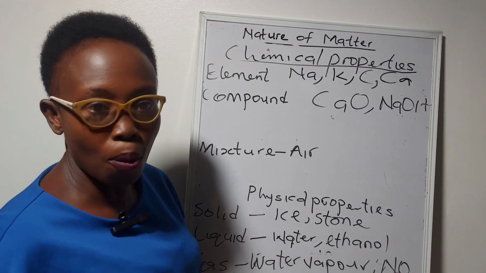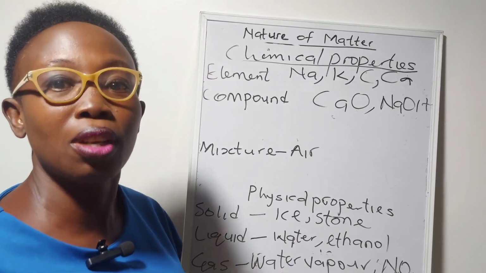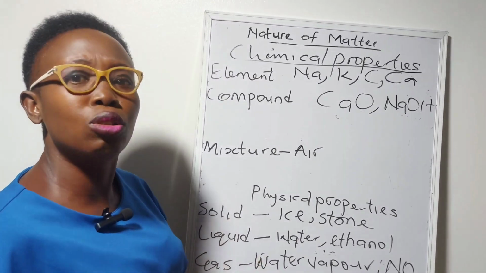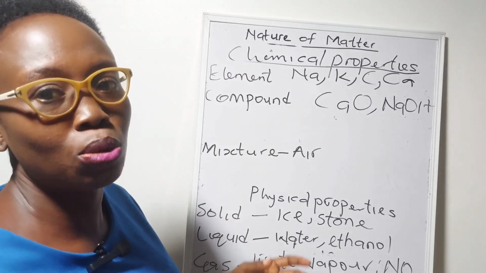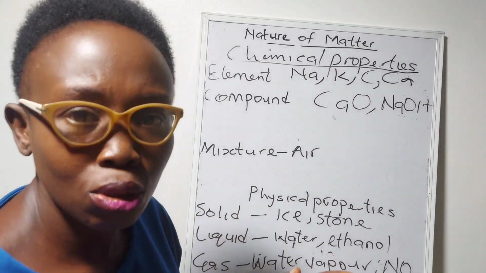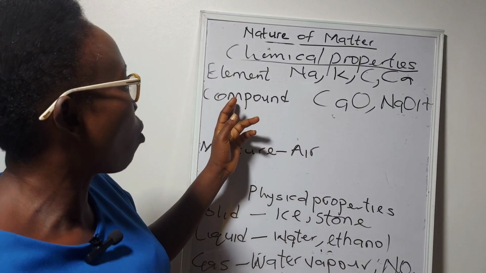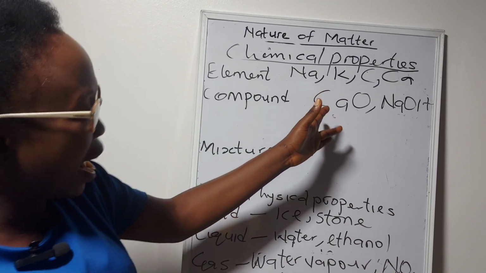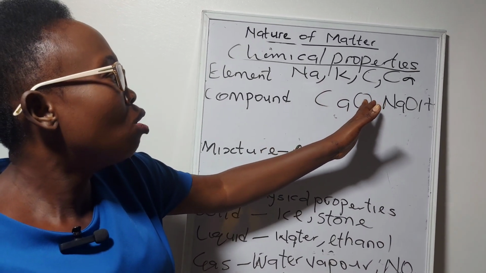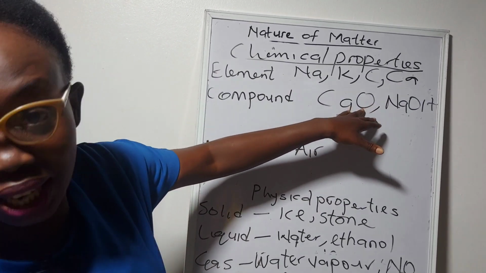Let's talk about compounds. They are two or more substances that join together chemically. They are combined together through a chemical reaction. They are called compounds. We have a compound like calcium oxide.